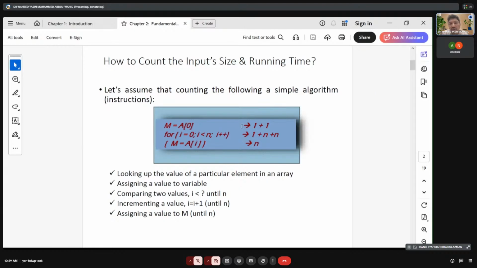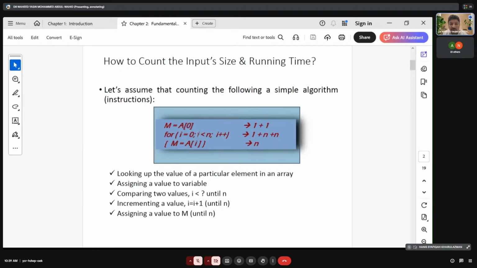Here we have 1 plus 1 for the assignments, and 1 plus n, and here we have plus n. Here we have n. We repeat this one n times: comparison n times, and increment n times.